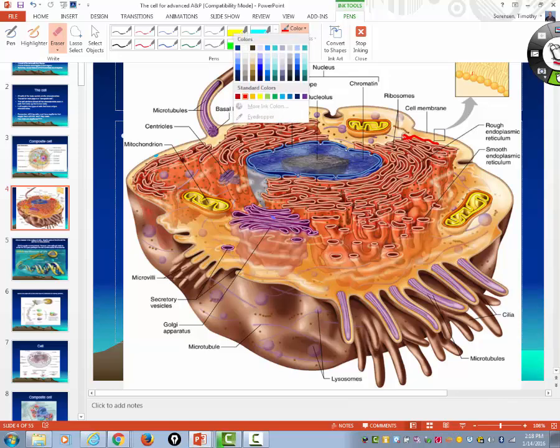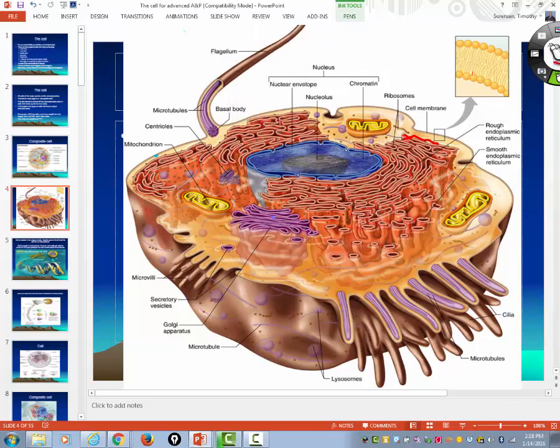What that means is this: not every cell has a flagellum. Not every cell has microvilli. Not every cell has cilia. So this composite cell has all the features found in different types of cells all into one. And I'm going to go through each part and explain it to you.